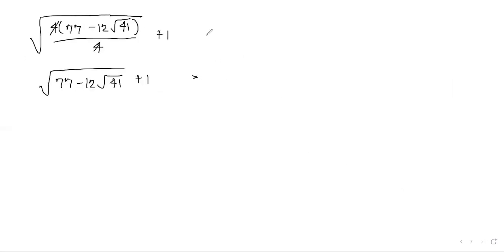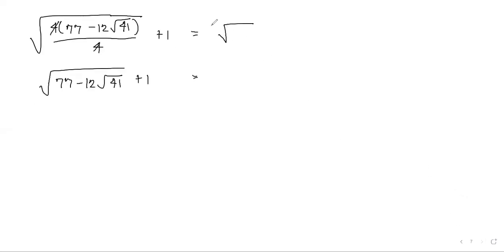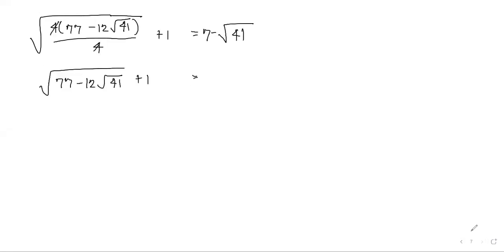Equals the square root of, negative square root of, or ito na, 7 minus the square root of 41. Yeah, pwede ba? Okay, so mag-equal kaya sila? We'll see. So again, halos same lang din yan sa kanina na express lang natin, yun nga, 77 as the sum of 36 and 41.